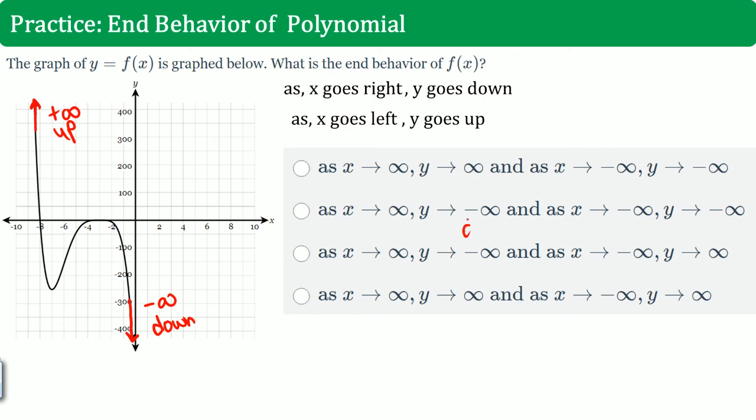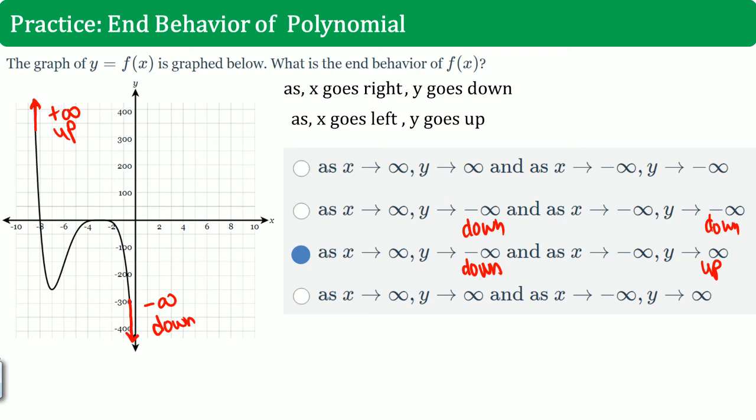So it goes down here, so it's one of these two. And the second part is x goes to negative infinity, which means to the left, and y goes up. Here, one goes down and this one goes up. So it went down, then up. So it's this one. Good.